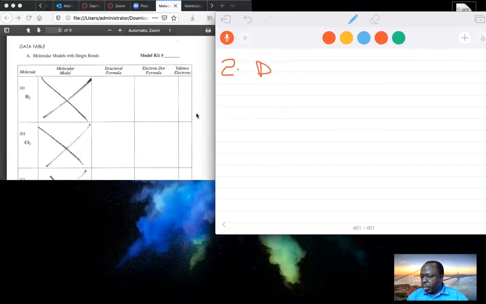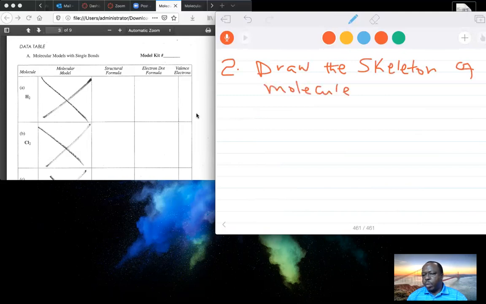Draw the skeleton of the molecule. For the most part, the first element on the chemical formula, if it is not hydrogen, goes at the center. We consider that as the least electronegative.